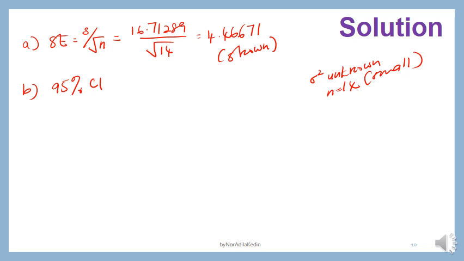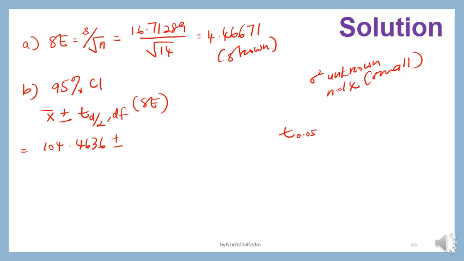So the 95% CI is mean plus minus T alpha over 2, degrees of freedom, multiplied by your standard error. So it gives the mean 104.4636 plus T alpha over 2. Since you are doing a 95% CI, 0.05 divided by 2. Degrees of freedom is 14 minus 1.